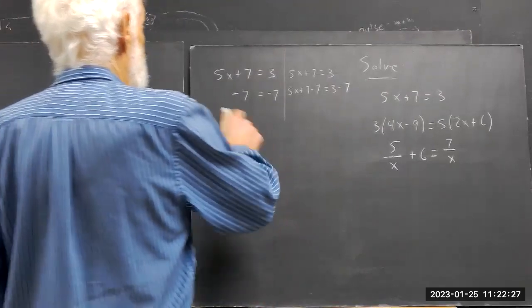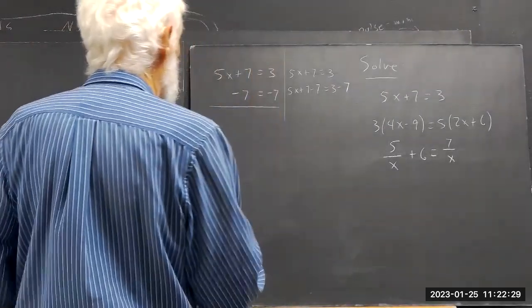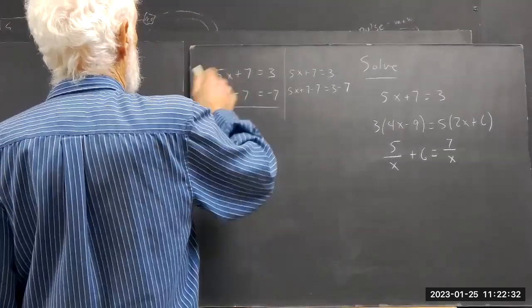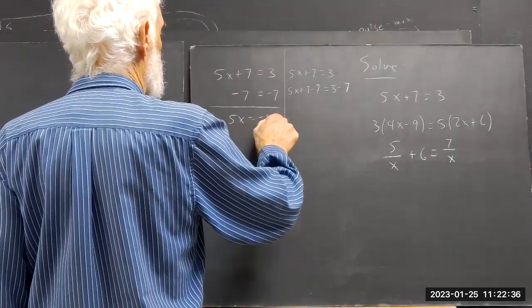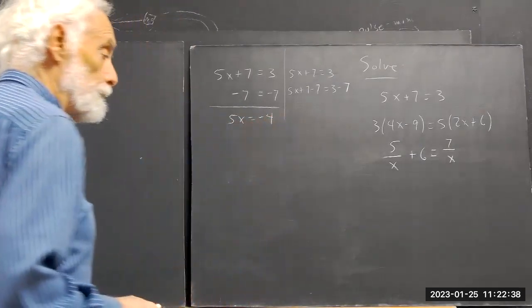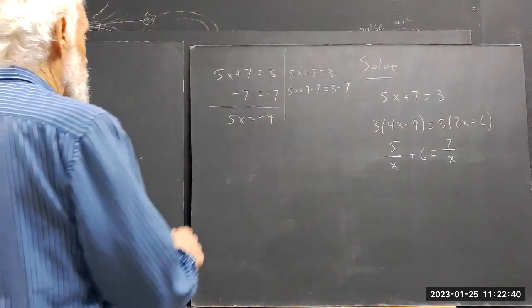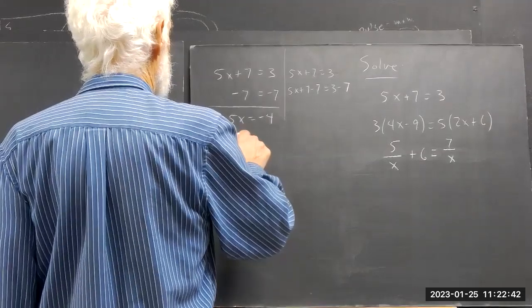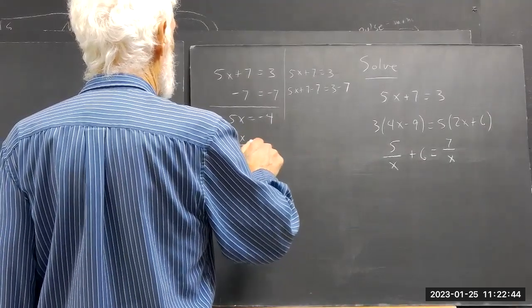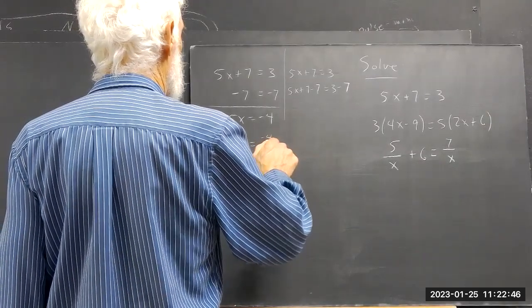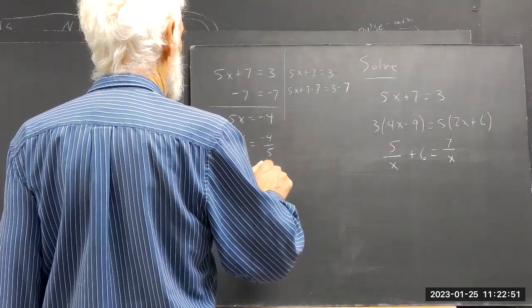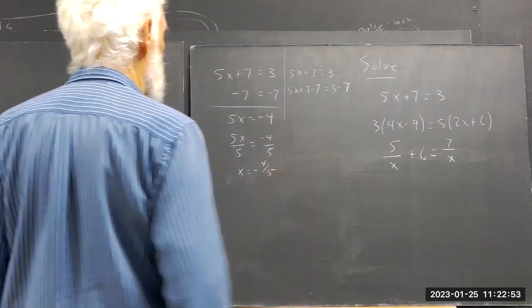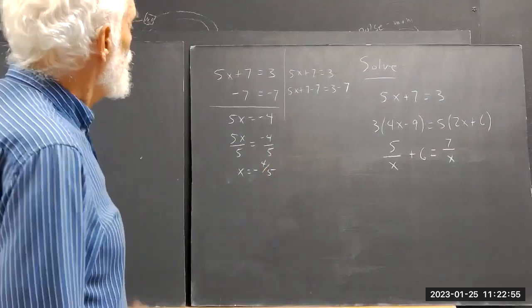Anyhow, if we add the two equations, we get 5x equals -4. So we get x equals -4/5.